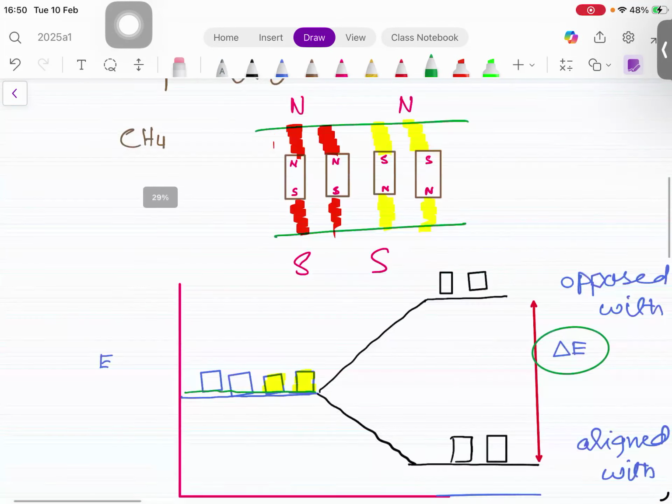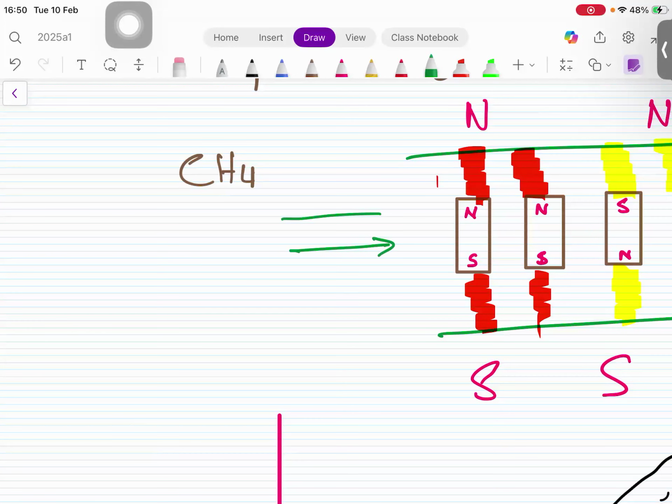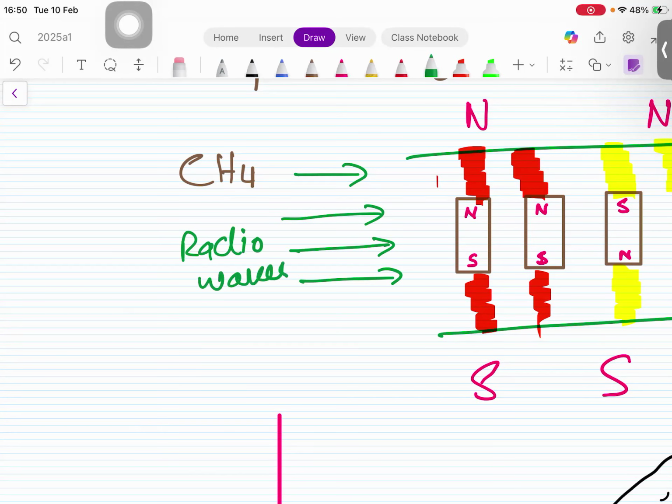Now what I did, I passed them radio waves, a kind of source of energy in an electromagnetic field, electromagnetic spectrum. There are different types of waves: ultraviolet, infrared, visible light, and this is another radio wave.